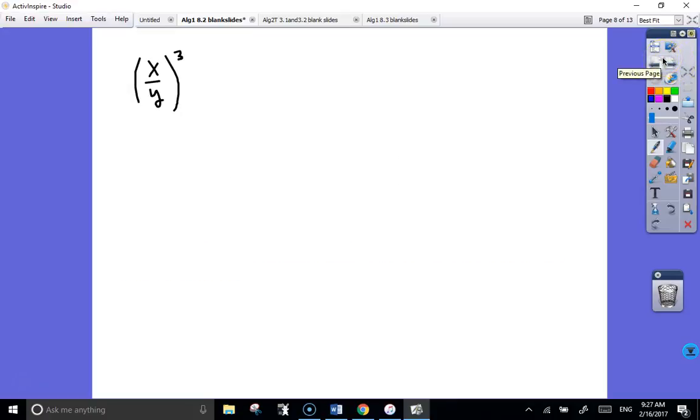All right, so x over y to the 3rd, using that property, should be x to the 3rd over y to the 3rd. Okay, how about this one?